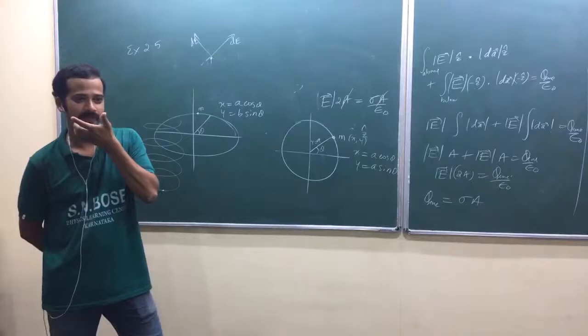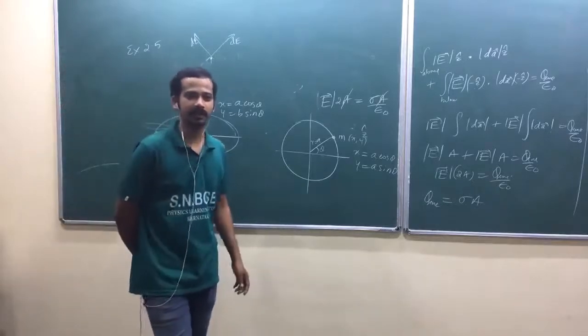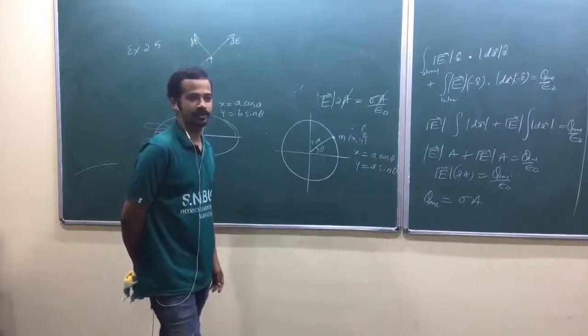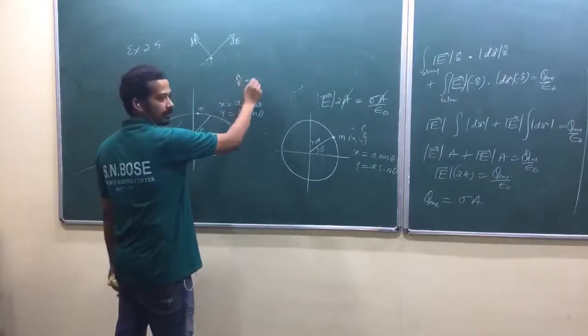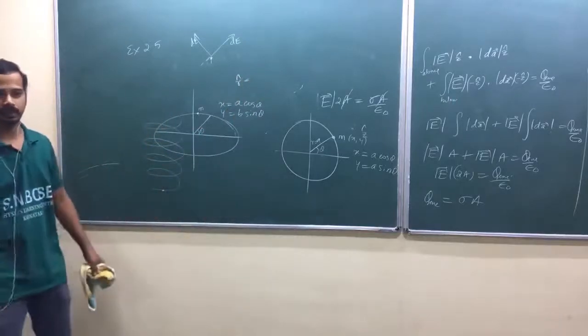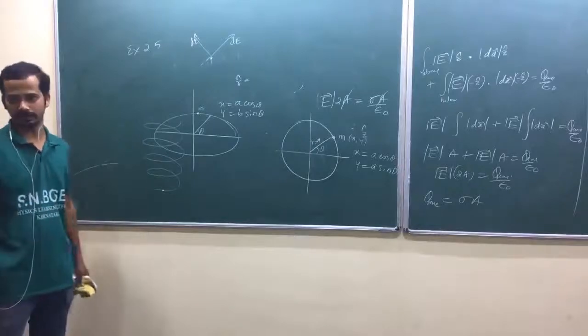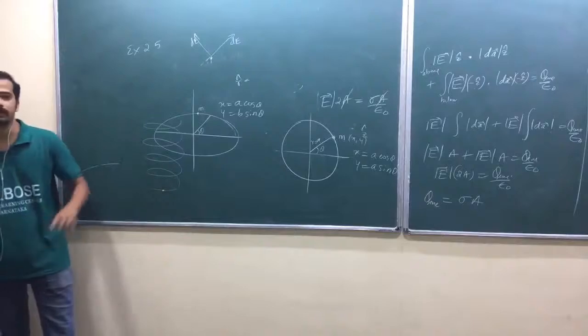How to choose your dA vector direction? The dA vector direction continuously changes. You have to write it in terms of r cap, and you have to define that r cap in terms of x cap, y cap, z cap. That's too difficult. So we can't even imagine doing that kind of integral in that format.